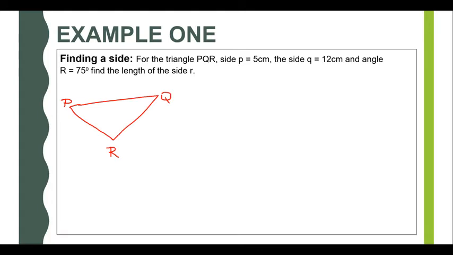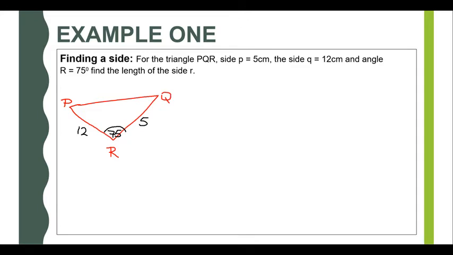So side P, opposite angle P, is 5 centimetres. Side Q, opposite angle Q, is 12 centimetres. Angle R is 75 degrees.